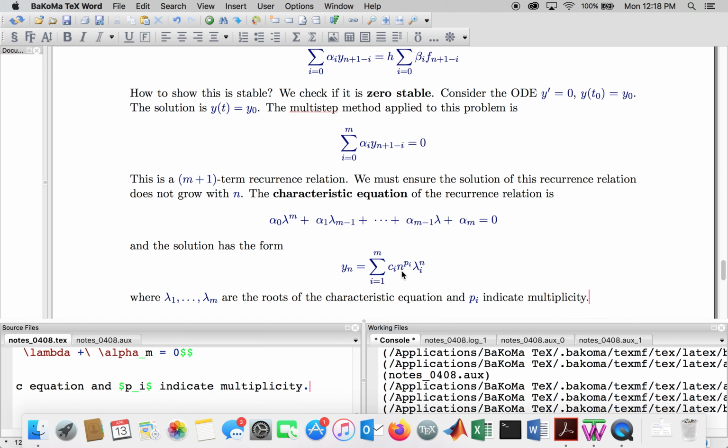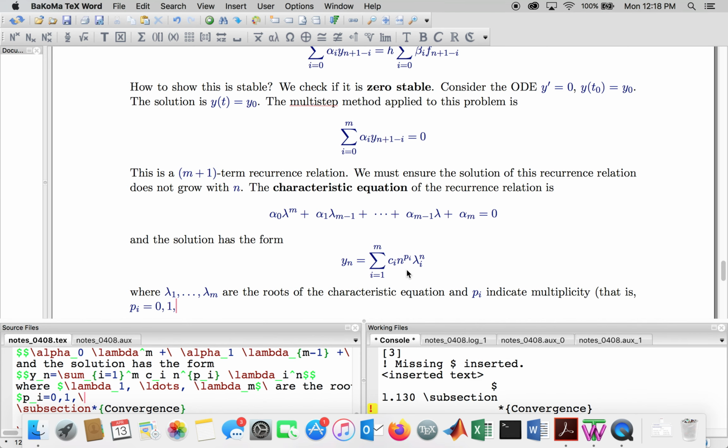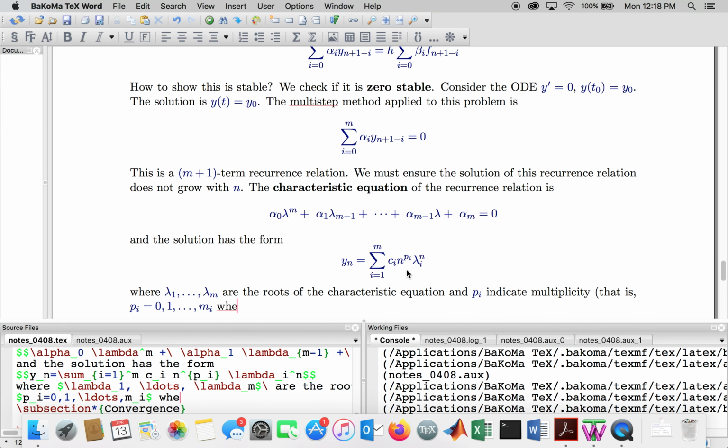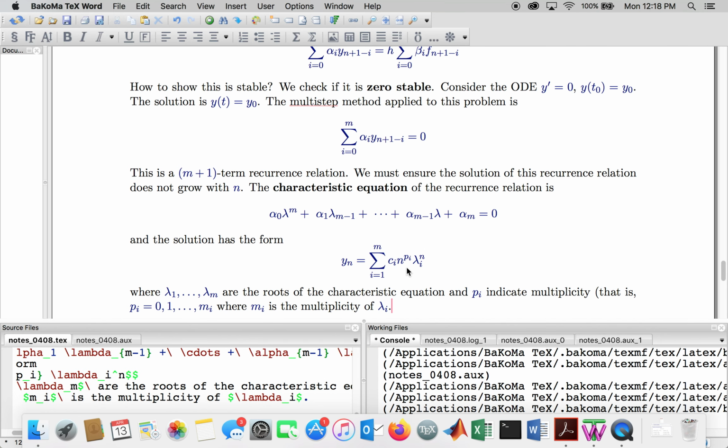So for example, if all roots are distinct, then all the pi's would be 0. If you have a root that occurs 3 times, then you'll have values of pi being 0, 1, and 2. To be more specific, pi is equal to 0, 1 up to mi minus 1, where mi is the multiplicity of root lambda i.